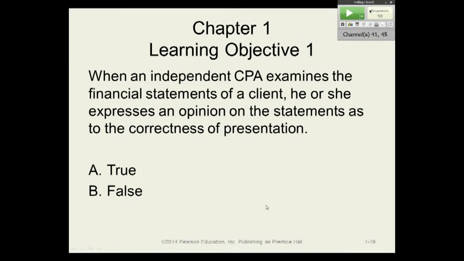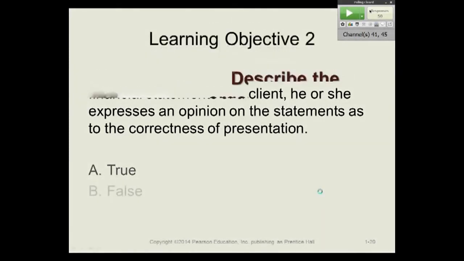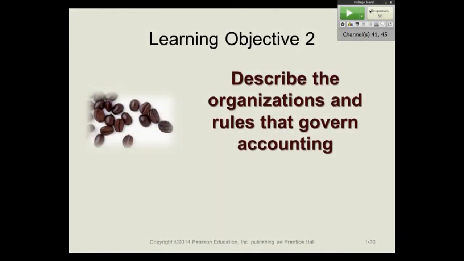All right. What we want to do now is spend a little bit more time describing some of these organizations that we mentioned before, the Securities and Exchange Commission. And again, this is more business knowledge, not necessarily accounting knowledge. On top of that, we want to look a little bit at some of the concepts that underlie the financial statements.